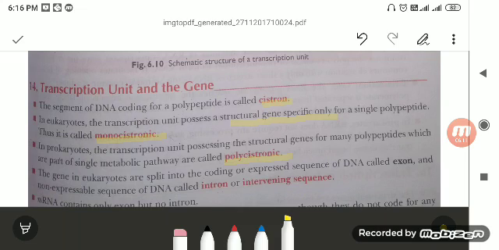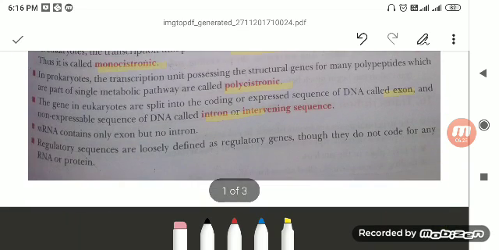The genes in eukaryotes are split into the coding or expressed sequences of the DNA, known as exons, and the non-expressed sequences, known as introns. But in the functional RNA, we have only exons, no introns.